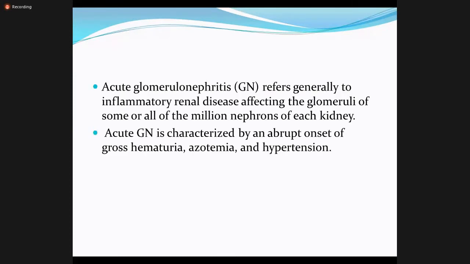Acute glomerular nephritis is an inflammatory renal disease affecting the glomerular part of the nephron of each kidney. It is characterized by abrupt onset of the symptoms of nephritic syndrome: acute sudden onset of gross hematuria, azotemia, some sort of hypertension, and some sort of edema.